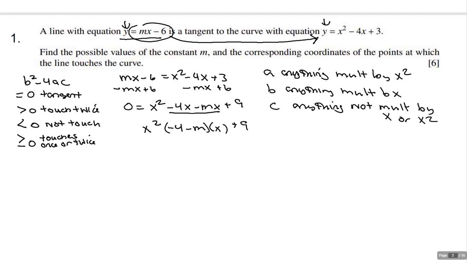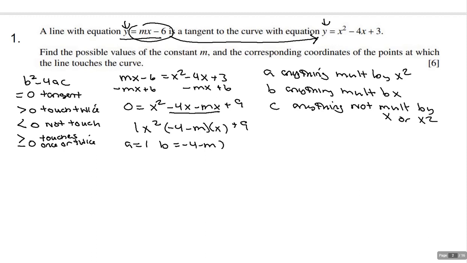And when I do this, it becomes really obvious that a is equal to 1, because that's the only thing times x squared. And then b is going to be equal to negative 4 minus m, because that's what's multiplied times x.